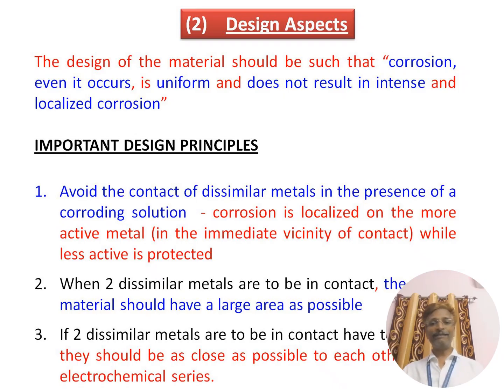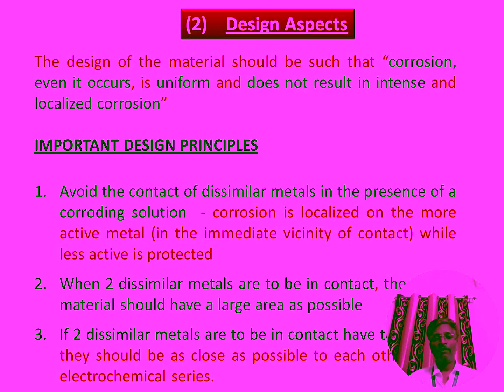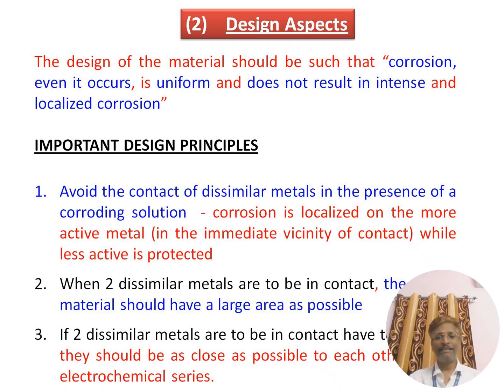Avoid the contact of dissimilar metals in the presence of a corroding solution. So corrosion is localized on the more active metal while the less active is protected. If two dissimilar metals are in contact, then the cathodic material should have as large an area as possible. This is all the thing I have already explained.